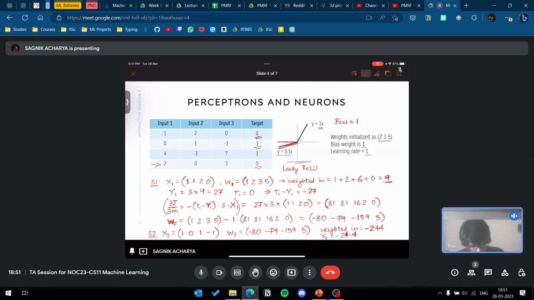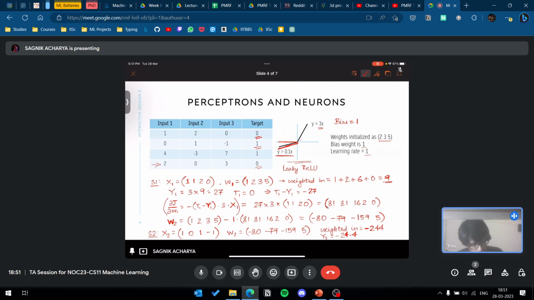So the main concept here which I wanted to highlight was this concept of leaky ReLU. In case you have your weighted inputs to be negative, instead of just replacing them with zero, you can still choose to keep them with a very low coefficient, right? So in this case I've chosen a coefficient of 0.1, right?